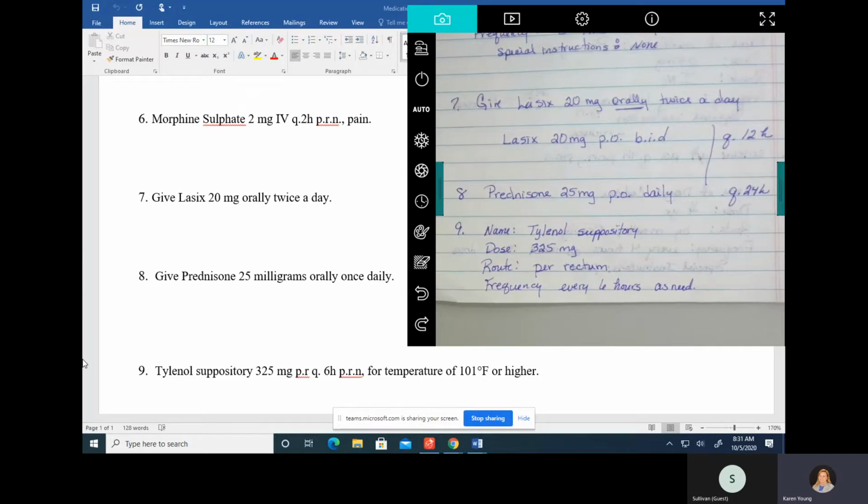But what if you check the child's temperature, say, at 9 a.m. and it was 100.2, and you checked it again at 10 and it was 100.6, and you see that it's climbing, so you check it again at 10:30 and it's 100.9.